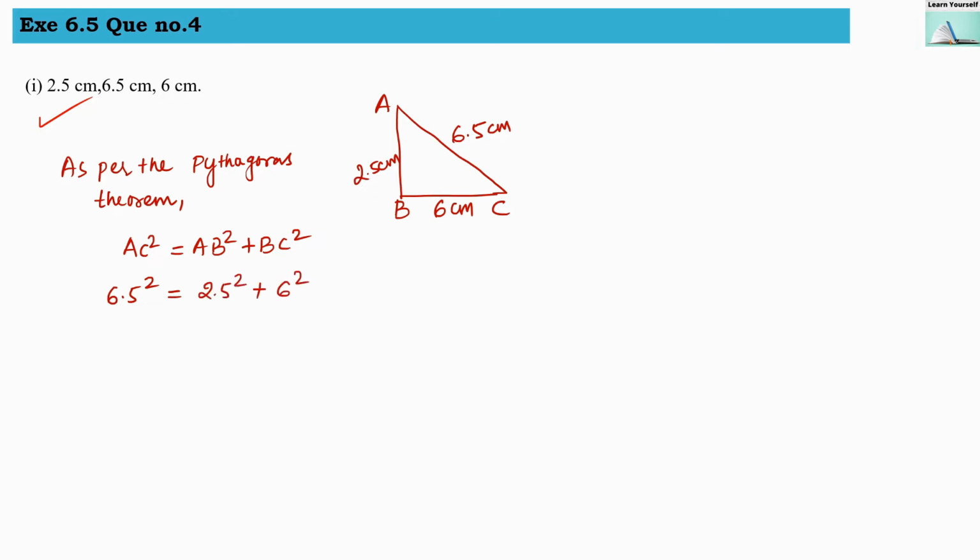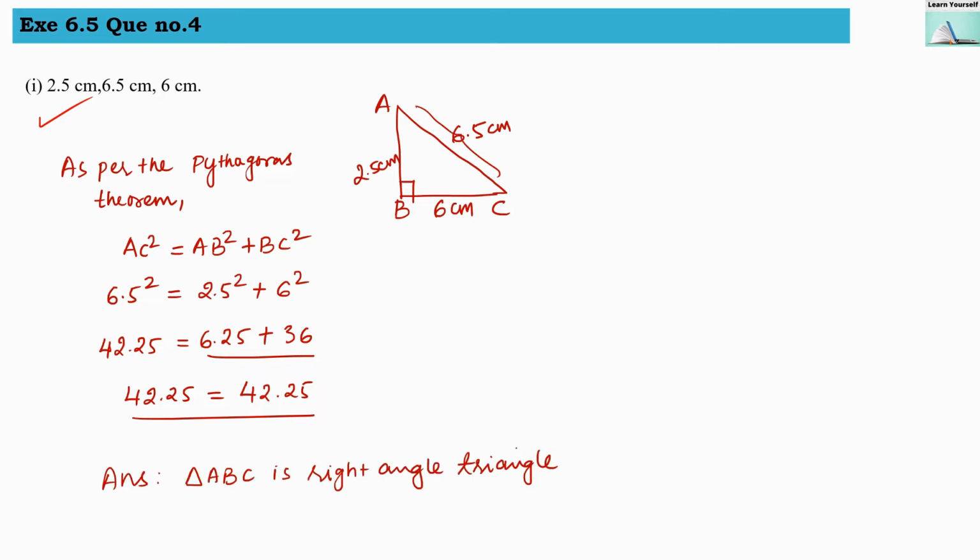Here we get 6.5 square equals 42.25, whereas 2.5 square is 6.25 plus 36. When we add these two, we get 42.25. So both sides, RHS equals LHS.